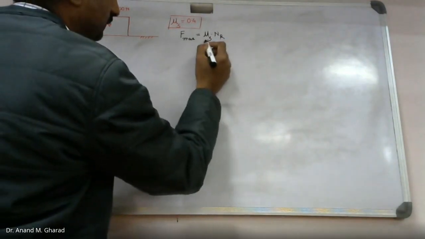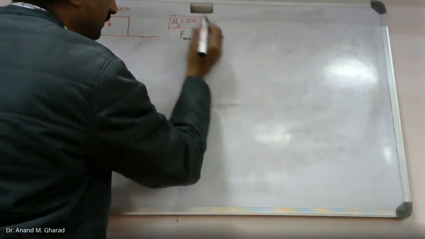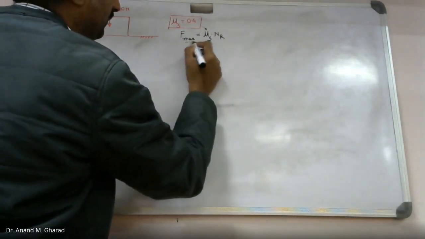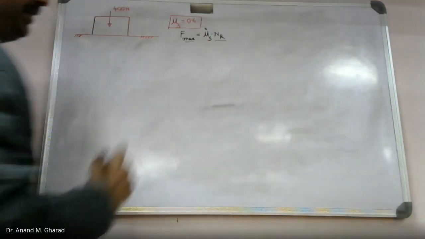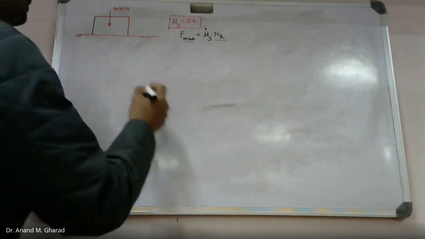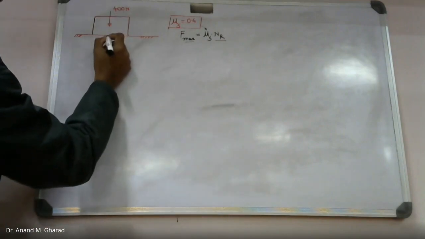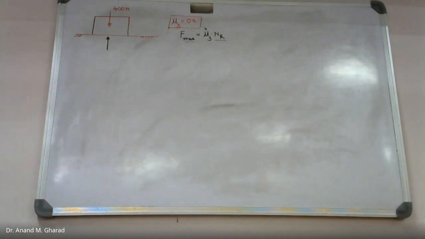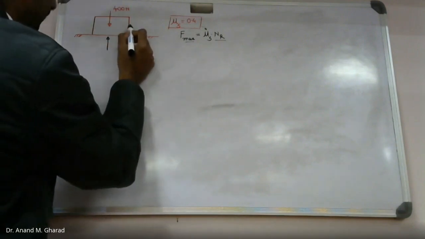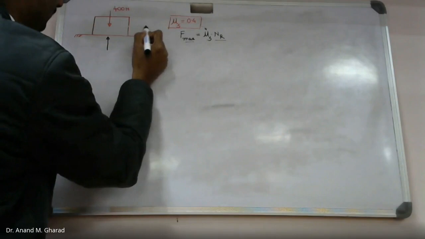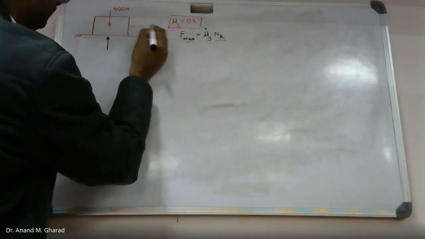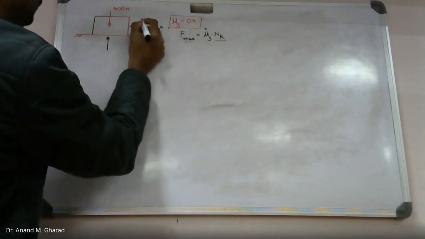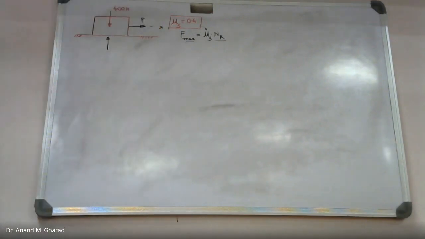We know the mu s value; this is given in the numerical itself. We now need to find F max depending on this nr value. So what is this nr? We will draw the free body diagram associated with this. And yes, the force P in the given numerical is acting in this manner. This is the x direction. This is force P.